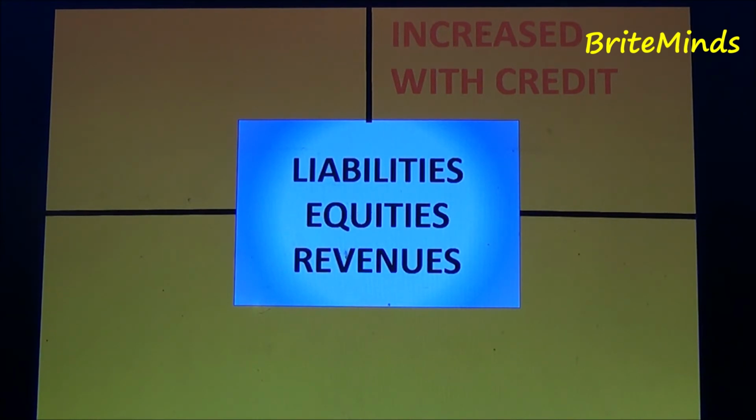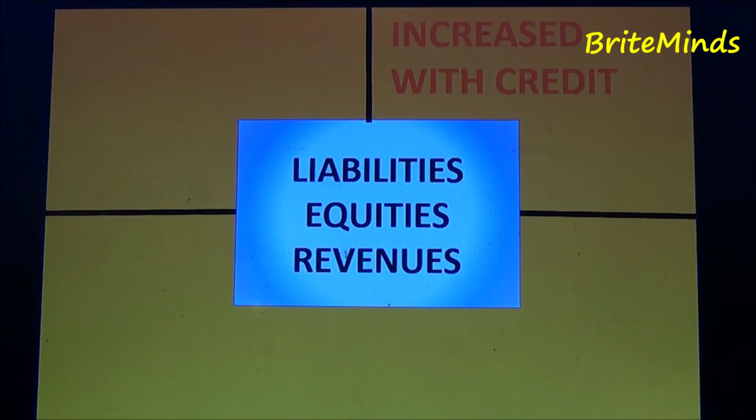Now we go to the revenue. Increase in revenues are recorded as credit. According to rule number 2, debit all expenses and losses, credit all incomes or revenues and gains. So what are revenues? Revenues are the amounts received by a business, earned as a result of selling something or rendering a service.